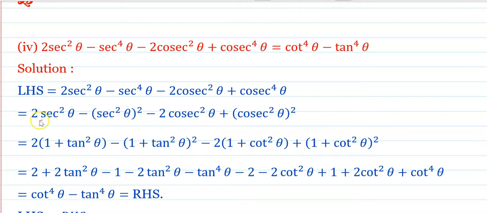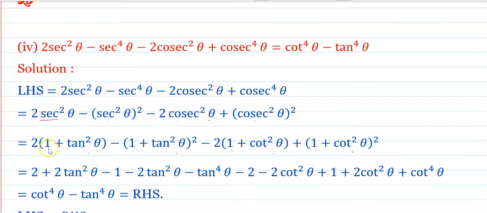Now see this here. Sec square theta can be written as 1 plus tan square theta. This sec square theta can be written as 1 plus tan square theta bracket square, minus 2 cosec square theta. Again this cosec square theta can be written as 1 plus cot square theta, and cosec square theta again can be written as 1 plus cot square theta bracket square. Now we will expand.